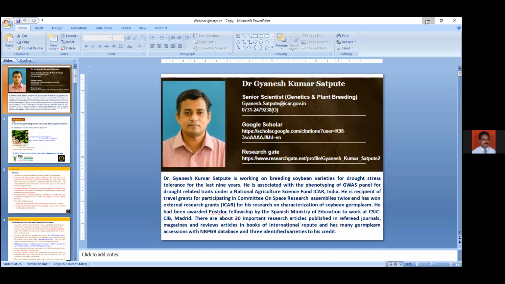And especially the drought has occurred in the last 2 to 3 years after the flowering and pod filling stage. That is the terminal drought. Then is it possible to introduce this drought-tolerant variety in the Marathwada region?